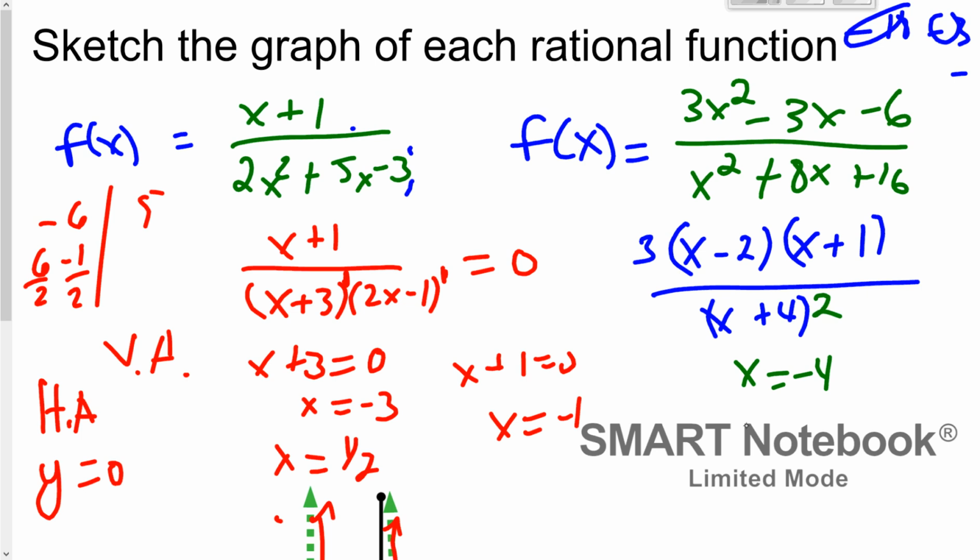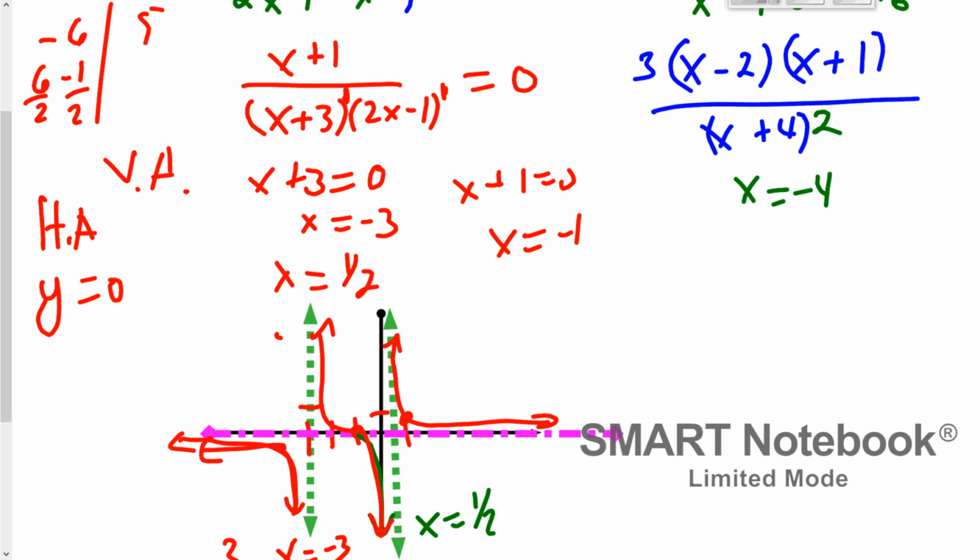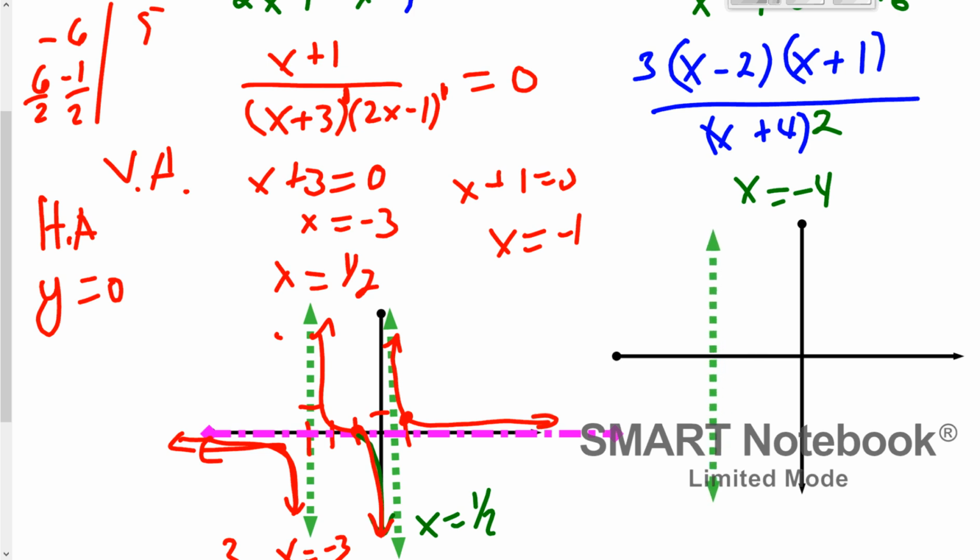So at x equals -4, we have a vertical asymptote, and since this is squared, that means either we're going to go up and up, or we're going to go down and down.